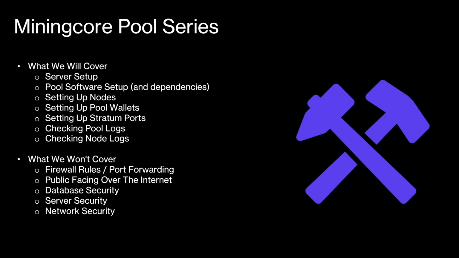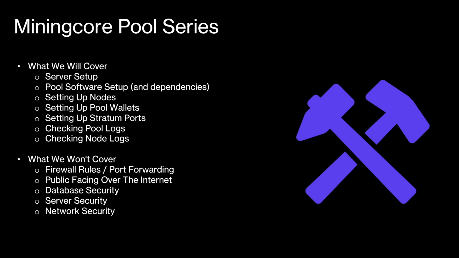The steps that I talk about are pretty much going to be identical. But if you do want to host it on a VPS and you want to have a host name like whateverpool.com, that'll be on you to figure out how to get that set up. We're not going to talk about that in this series.